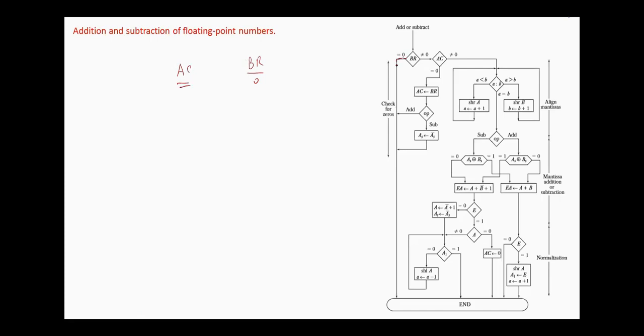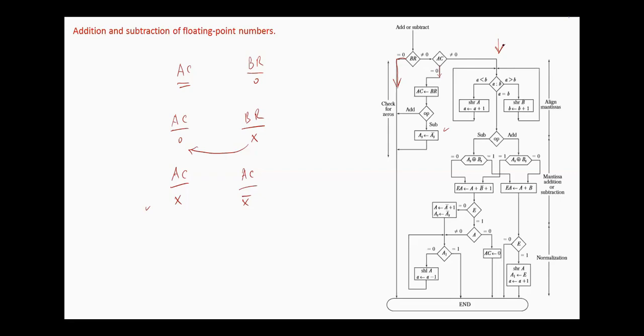Here is the case: if BR is not 0 and the accumulator is 0, then we transfer BR to the accumulator, and if the operation is add, we are done, and if it is subtract, we have to complement the accumulator. If the two numbers are not zeros, we continue.